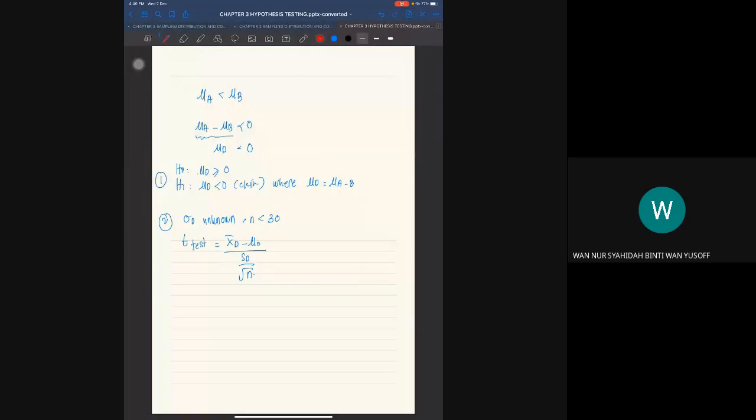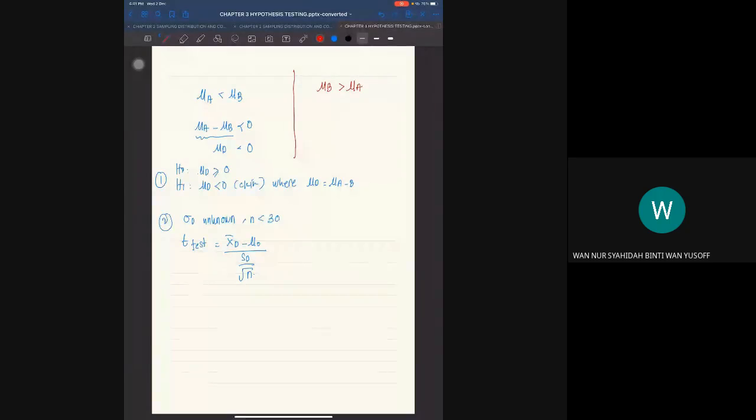Okay, is it correct if we say here, the safety program is effective if mu B greater than mu A? Correct or not? Data before should be greater than data after, then the safety program is effective. Yes.